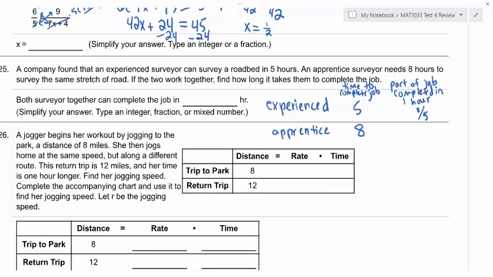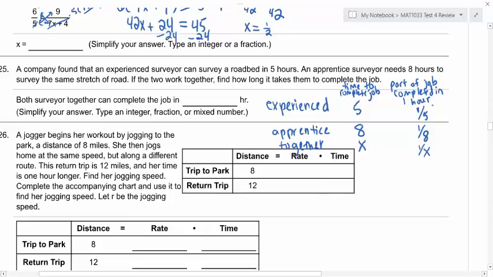So if the apprentice can do the whole job in 8 hours, what part of the job can he do in 1 hour? It would be 1/8 for the apprentice. We don't know how long it takes them if they work together, so I'm going to call that x. What would be the reciprocal of x? 1/x. Good.